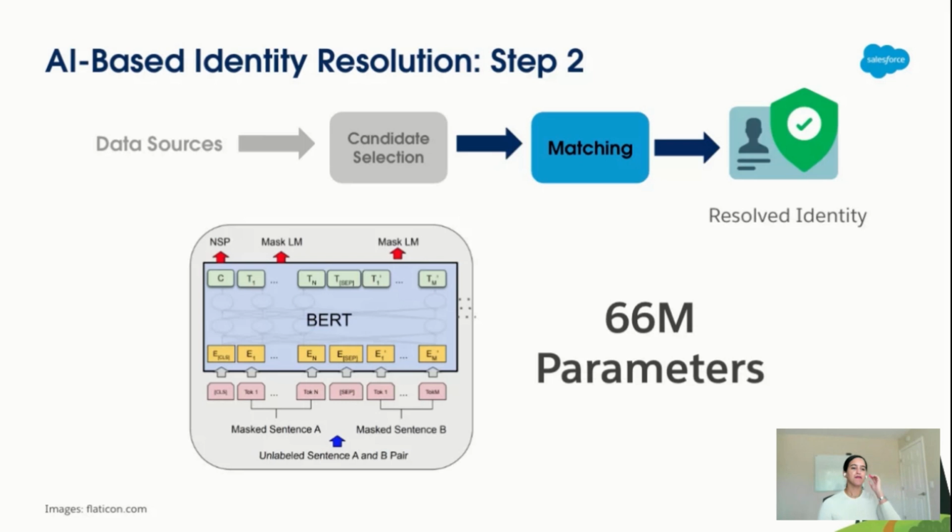We've got a distilled BERT model deployed, only 66 million parameters. This is small. And so in that step, it takes in pairs. It takes in target and candidate and gives a score. And from that score, we can determine if it's a close enough match to be considered a match.